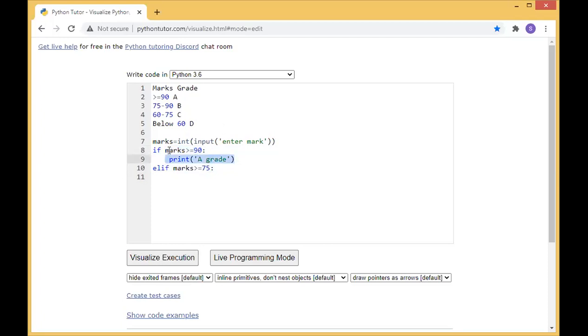Only if it is not satisfied, it will go for the next checking. That is, 75 to 89 will come under this condition. So here what we have to print? B grade.